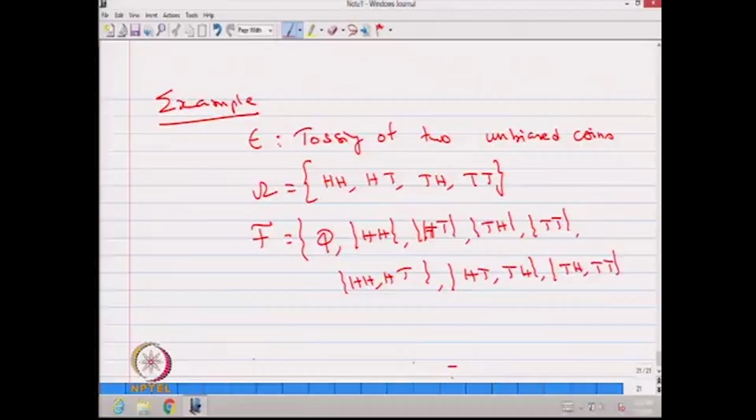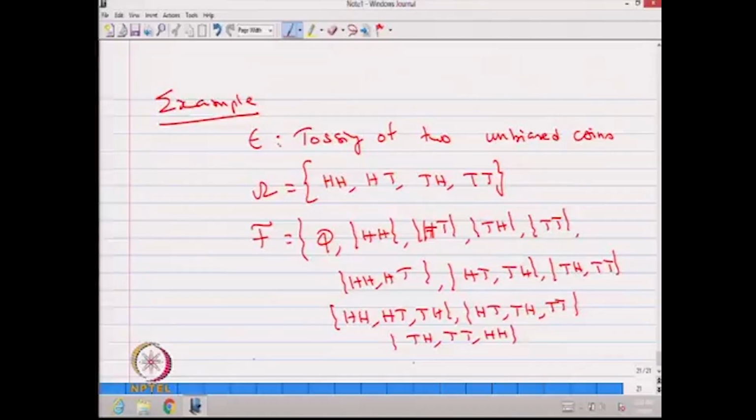Any 2 elements, then any 3 elements, and so on, 1, 2, 3, 4, 5, 6, 7, 8, 9, 10, 11.